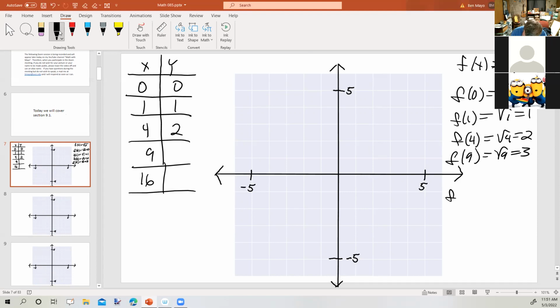And if x is 16, f of 16 would be the square root of 16, which is 4. So in the table, the x values are perfect squares. Therefore, when you take the square root following the function, you get nice numbers. Then it says to go ahead and graph it. So we've got 0, 0, 1, 1, 4, 2, 9, 3. Well, let's see here.